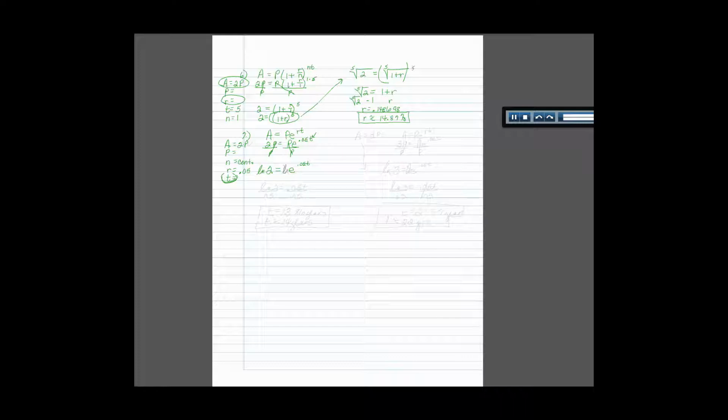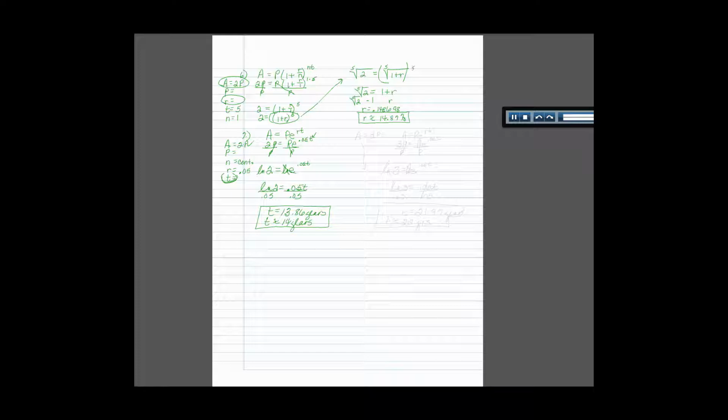We take the ln of both sides, that undoes it, and I get ln of 2 equals 0.05t. Divide by 0.05. You can do that in your calculator, and you get that it takes 13.86 years to double your money, or approximately 14 years to double whatever you invest, however much it is. If you want to double it, it's going to take that long with continuous compounding at 5%.